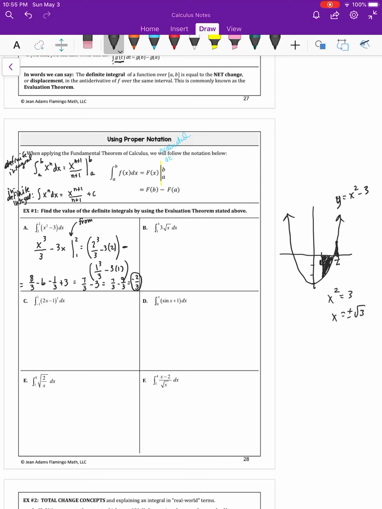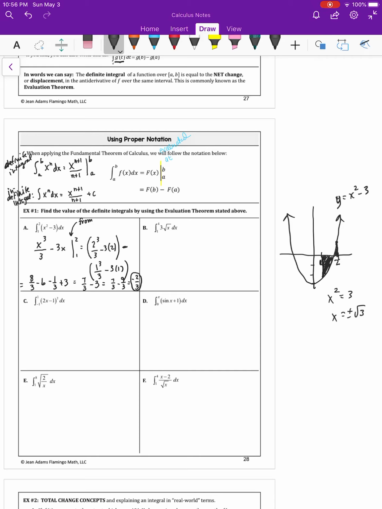But from the square root of 3 to 2, it's positive. When you add those together, you're going to get negative 2/3, right? Some of it's negative, some of it's positive, but when you add them together, there's more negative than positive. Just so you can understand that this is what that means.